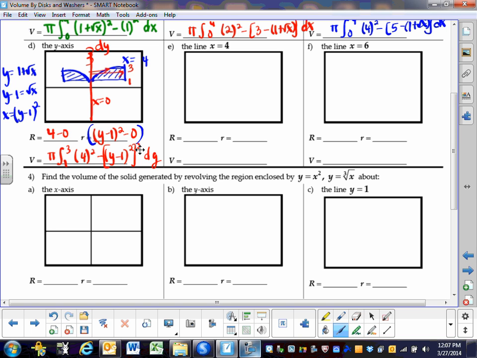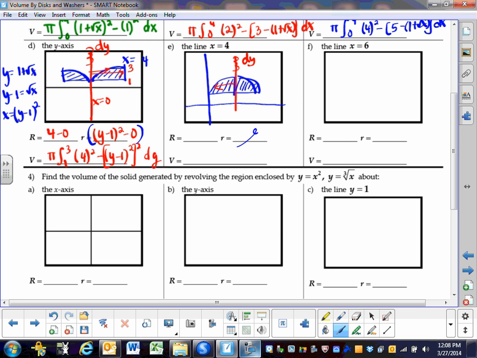Okay, for the next one, we're going to rotate about the line x equals 4. So we're starting with our shape to here, and we're going to go about the line x equals 4. And so when we do our reflection, this time we're not going to have an inside part. What we'll have is the radius starting at the center, going to the outer edge.